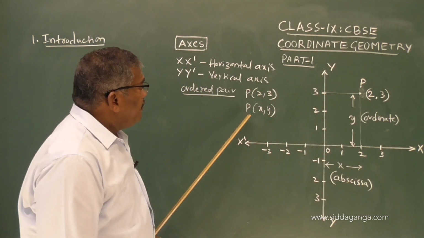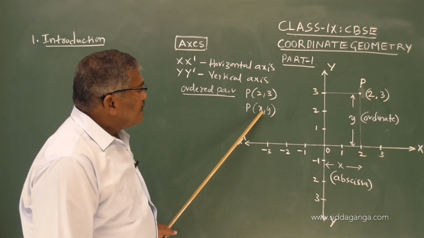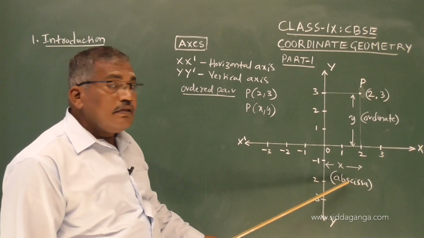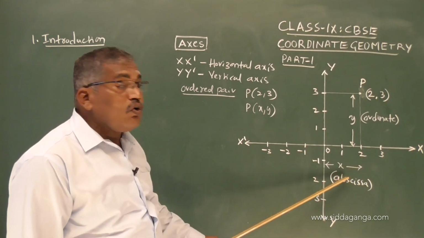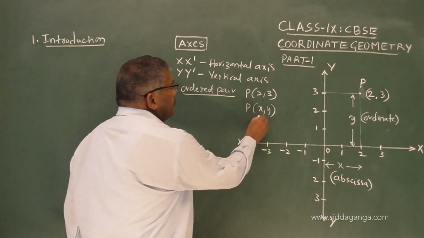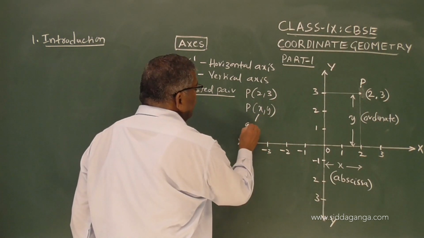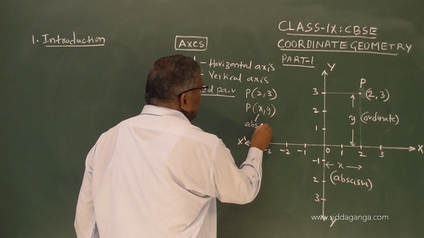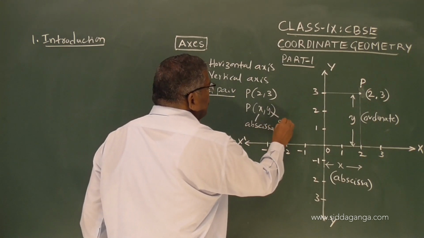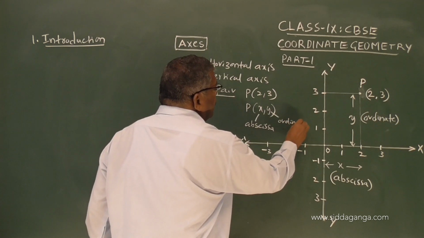This is the ordered pair of any point. x is known as the x coordinate, or otherwise abscissa. And this y is known as the ordinate.